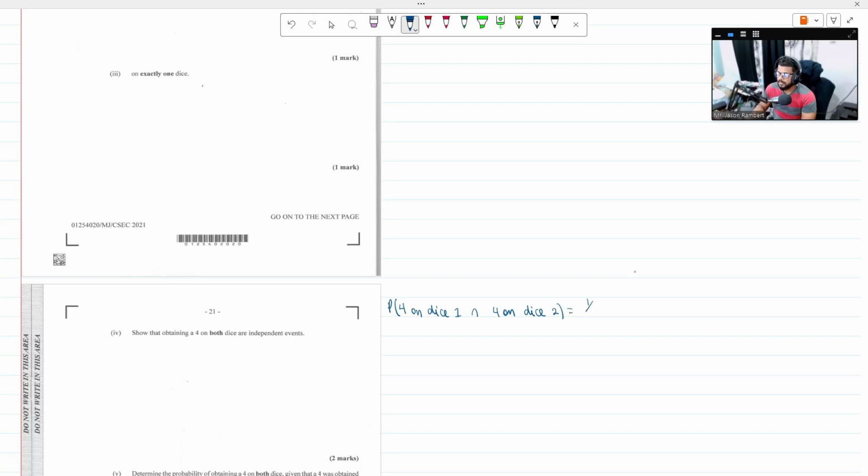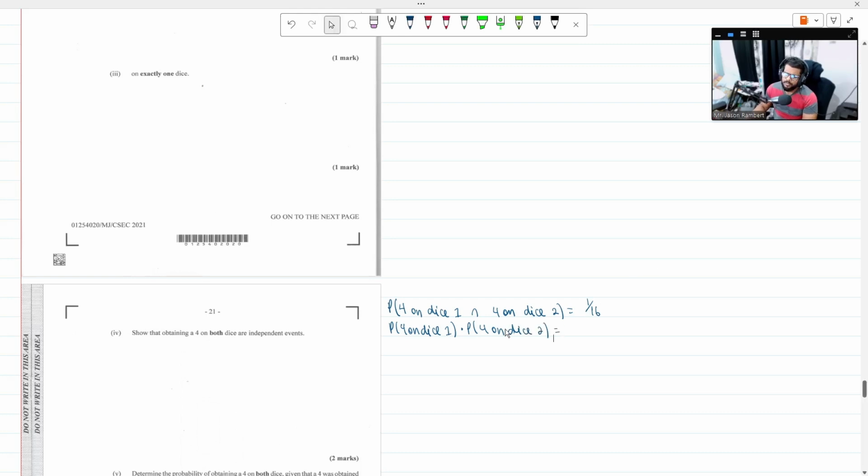This is 1 out of 16. If the events are independent, the probability of 4 on dice 1 multiplied by the probability of a 4 on dice 2 is supposed to be the same thing.